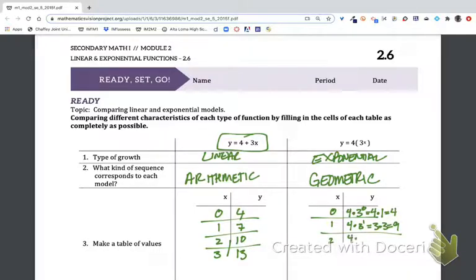A 2, oh, 36, and 108. So you can just see that we have a table of values that's being crafted from the problem.